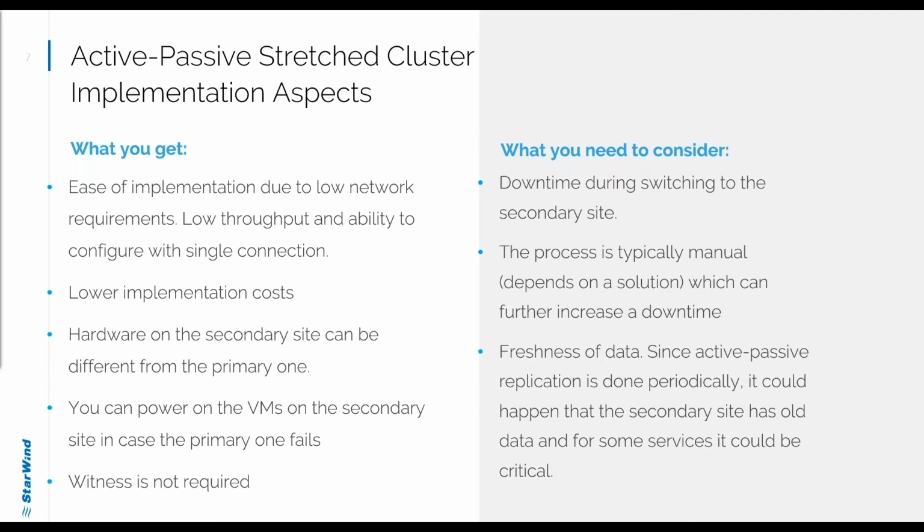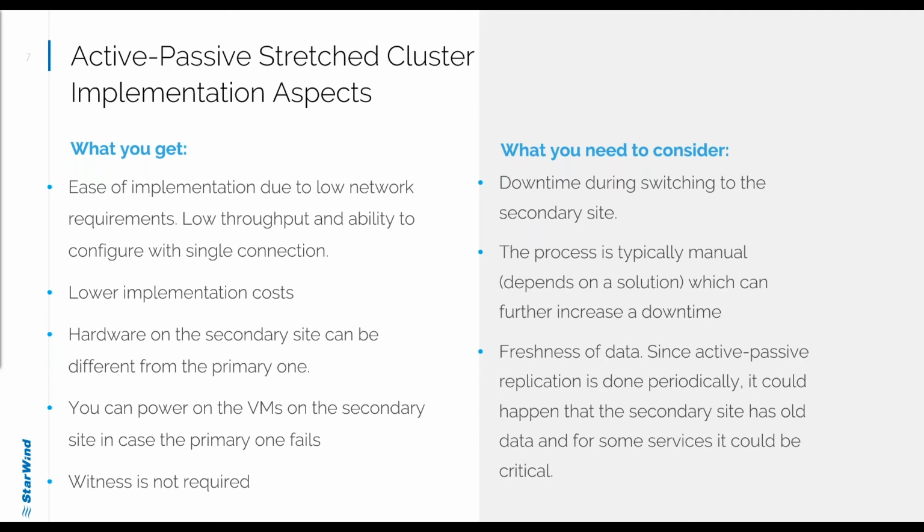And with the active-passive replication, you can still bring up the VMs on the secondary side in case the first one goes offline. However, this involves downtime when switching to a secondary side, and the process is typically manual, but this also depends on the solution you are using to perform the replication.